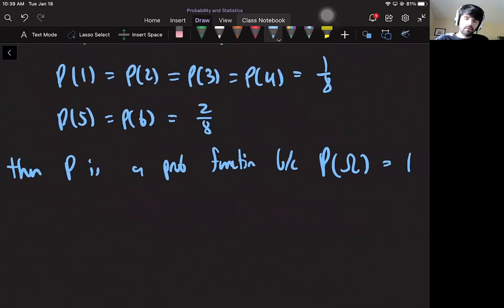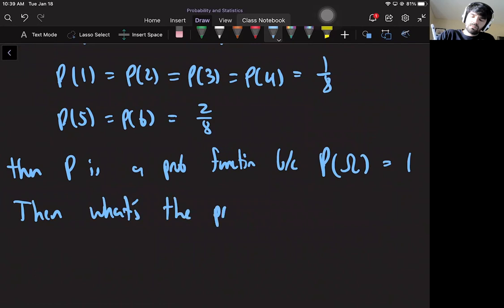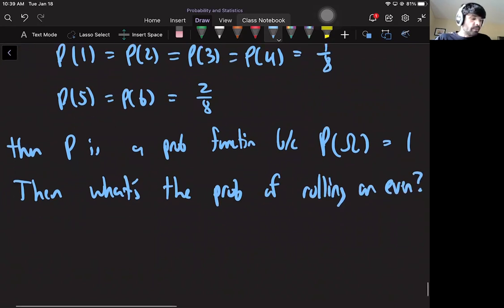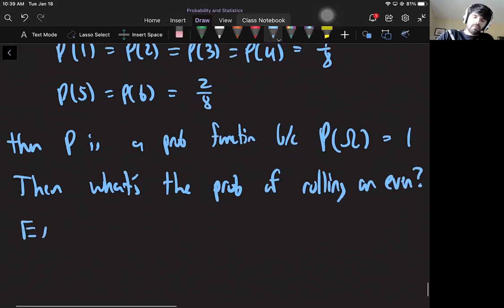So then we can do things with this probability function, like ask, what's the probability of rolling an even with this dice? That's just saying, what's the probability of getting this event where you roll a 2, a 4, or a 6?